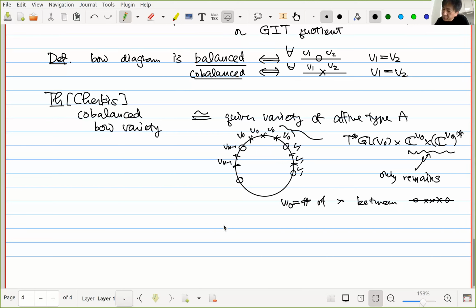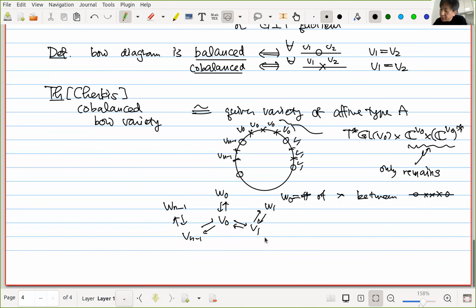Then I can just replace V0 and W0. W0 is just a vector space of dimension W0. And then I have V1, and similarly I have W1. Okay, so in this way, you see the original definition of quiver varieties.